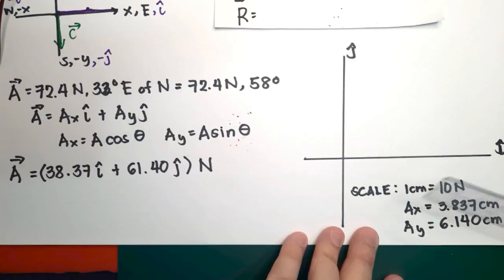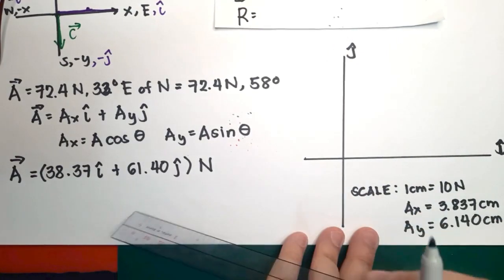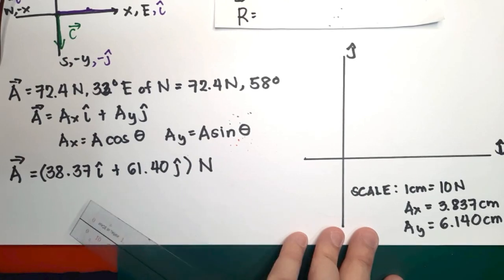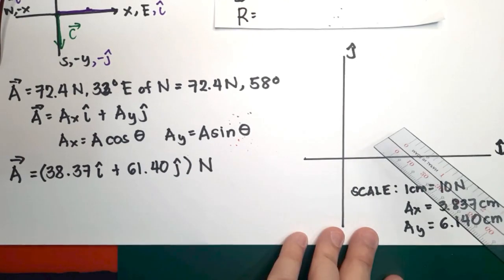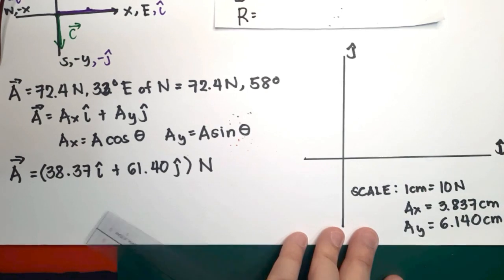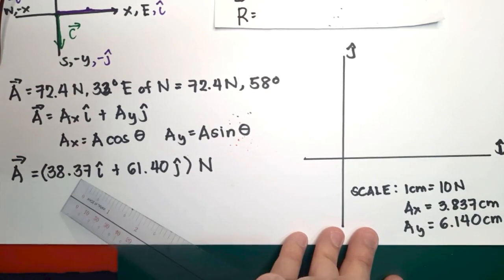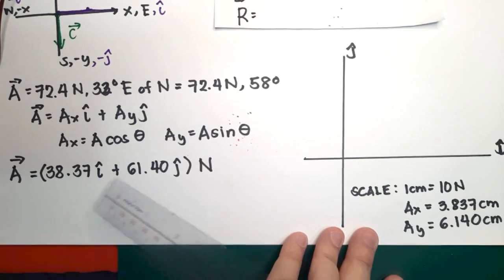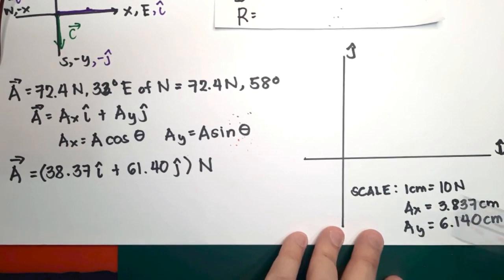So let's draw. First, we have to determine in what quadrant we can find positive I and positive J. That is in the first quadrant, definitely. Then we make a scale to represent the magnitudes of AX and AY. These are our scale and the lengths of our AX and AY.